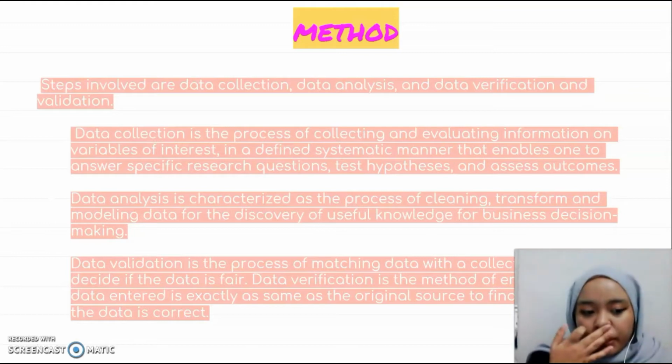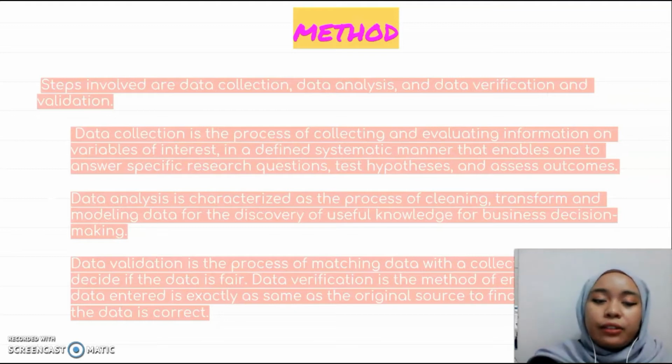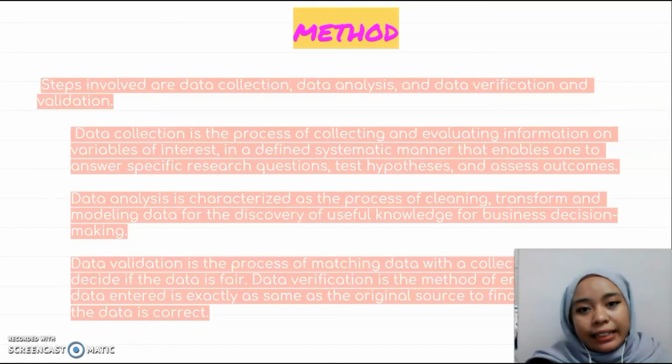Alright, when we talk about method, there are of course steps in order for us to do research. We need to first collect the data, and that is what I'm doing. I'm collecting the data, checking the data from the Zigwheels website and a few other websites to know more about the characteristics of the cars.